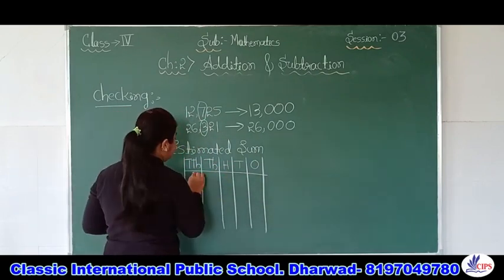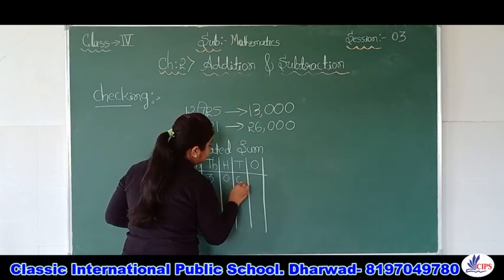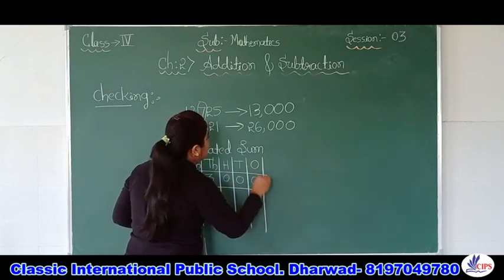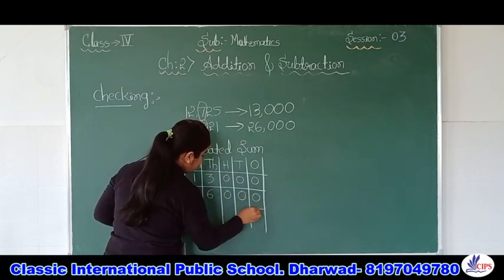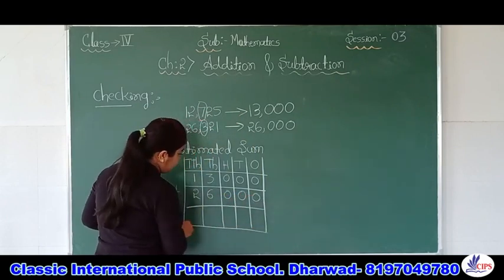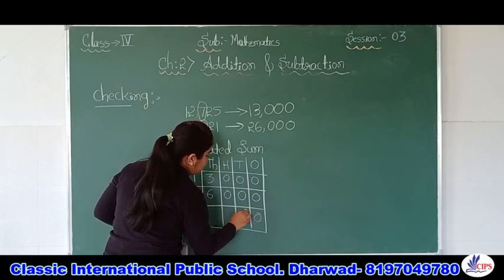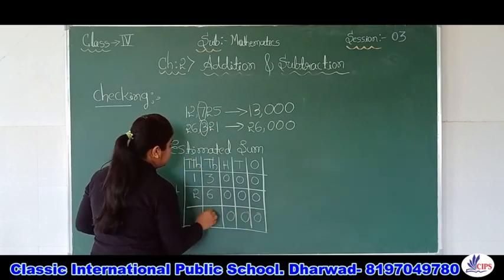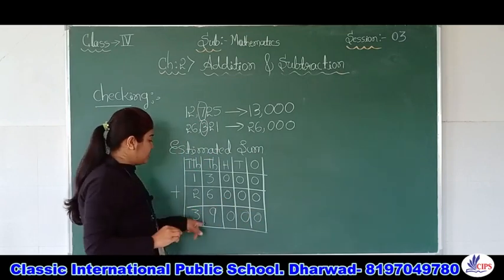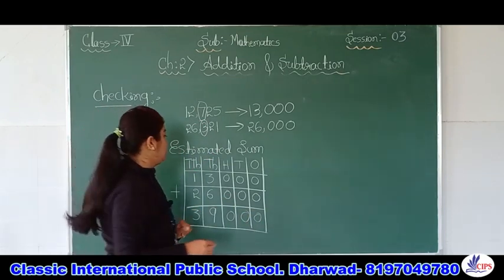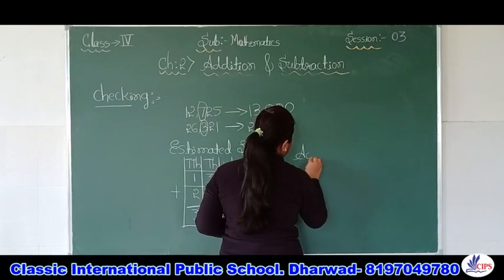So we'll write 13,000 and 26,000. Add these two. 0 plus 0, 0, 0, 0. 6 plus 3, it is 9. 2 plus 1, it is 3. 39,000.